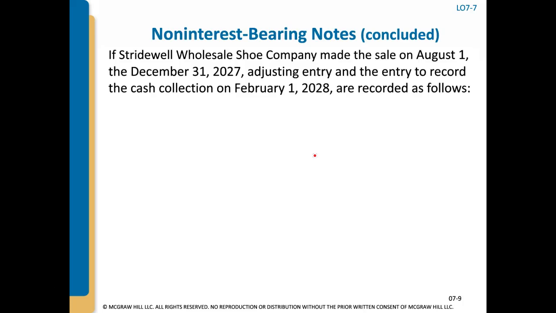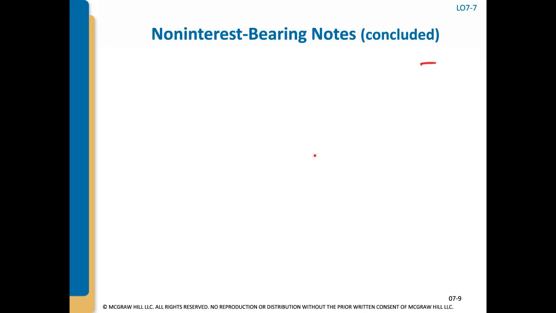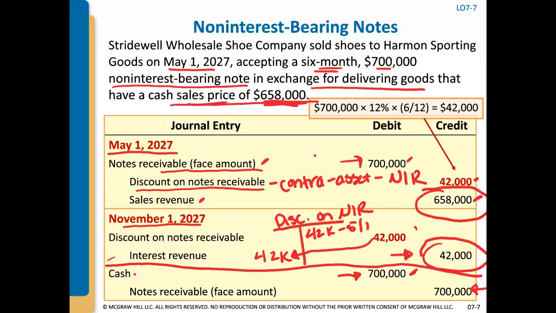Now let's just highlight, just like the non-interest bearing note example, what if we made the sale on August 1st instead of May 1st? Well, on August 1st, our entry would not change from the May 1st entry. So our May 1st entry, if you can read all this, is we're going to record a note receivable because you're going to give me $700,000 at the end of the 6 months.